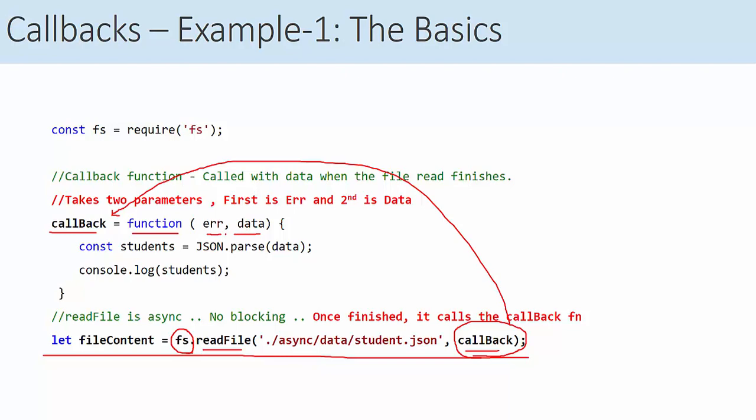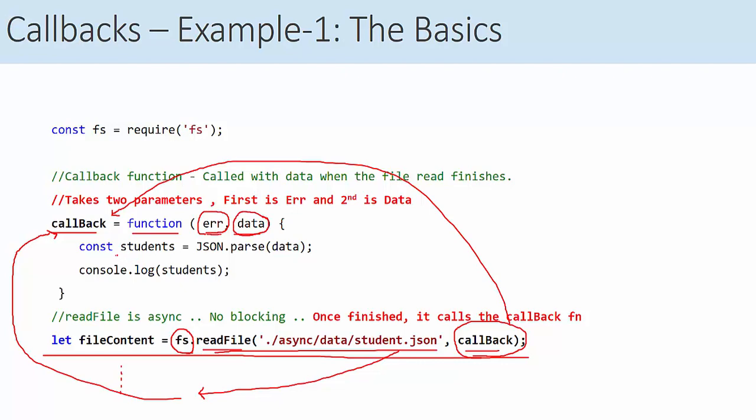So, in a typical situation, the readFile function will go and start reading the disk, and other code will continue to be executed. And when it finishes, it will call back this function with either error or the data. So we expect no error this time.